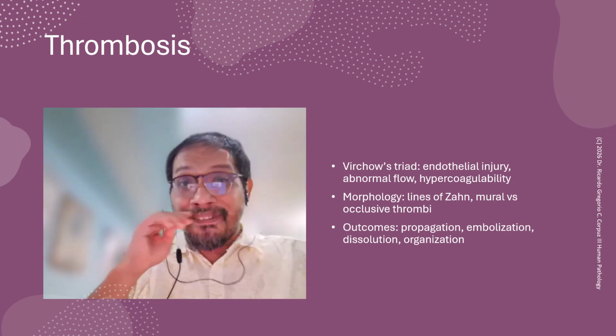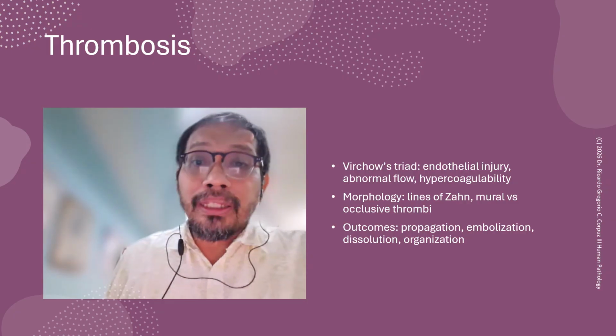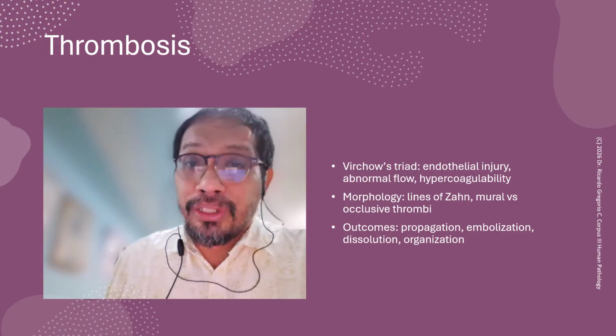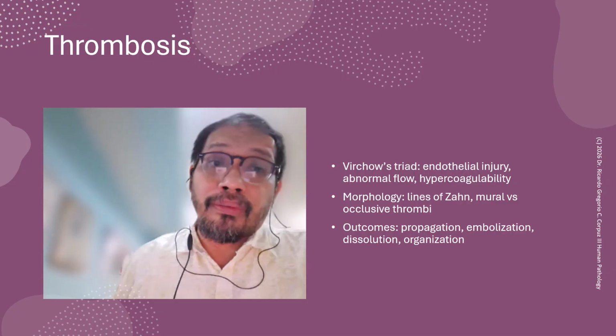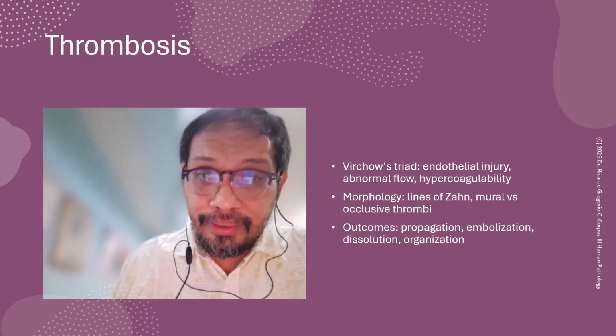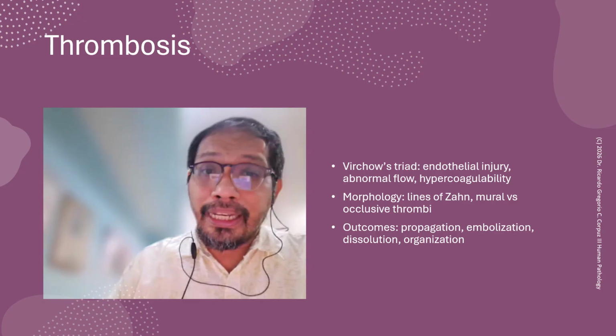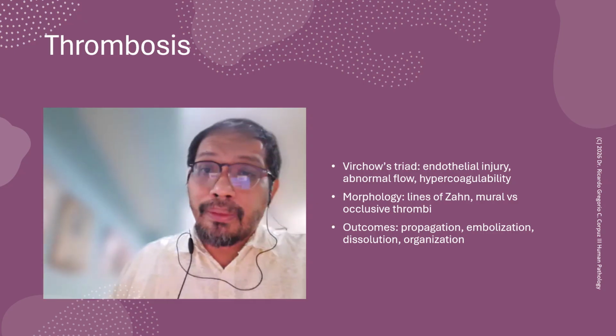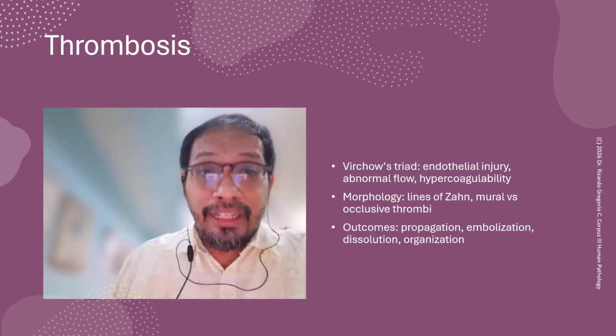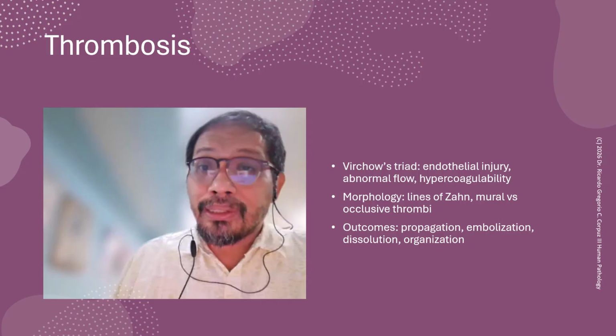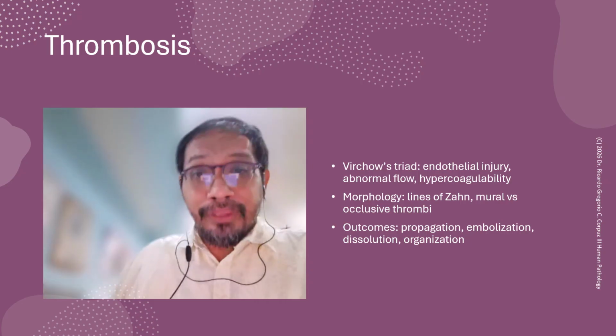Recanalization may partially restore flow, but chronic obstruction can lead to tissue ischemia or post-thrombotic syndrome. So these outcomes illustrate why thrombosis is a dynamic process with consequences that range from clinically silent to life-threatening conditions.